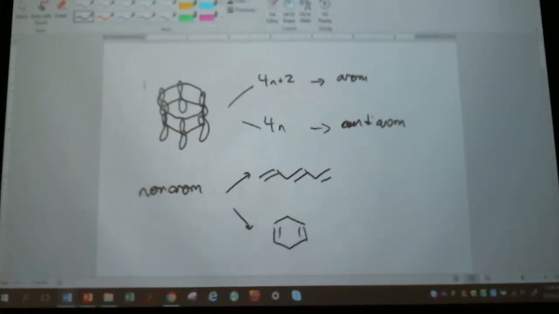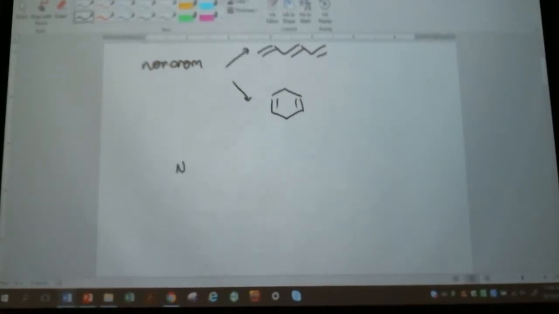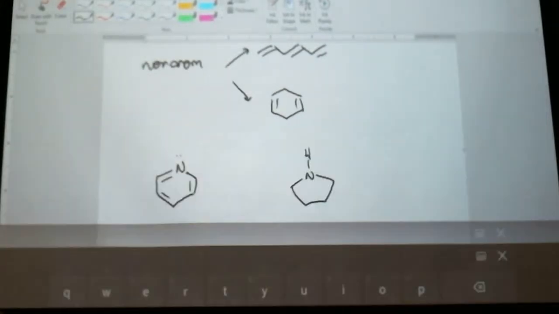Now, if you have a heteroatom, then you need to consider if that heteroatom has pi electrons that are making it aromatic. It doesn't matter where I put the electrons, whether they are inside or outside the ring.